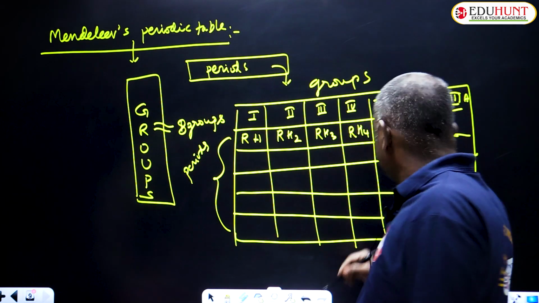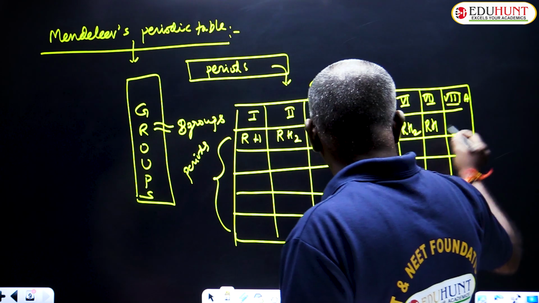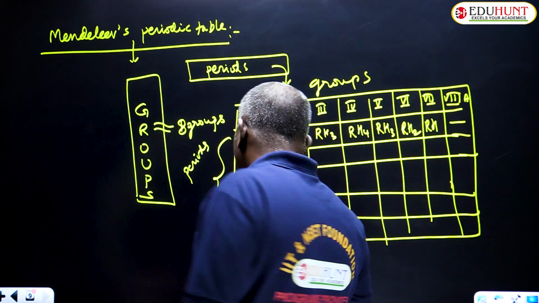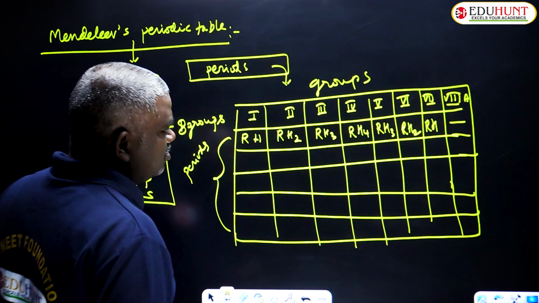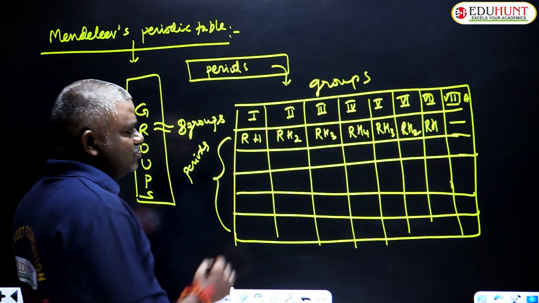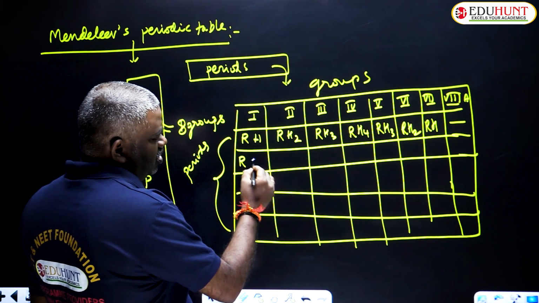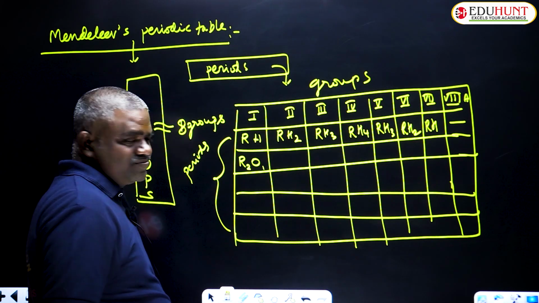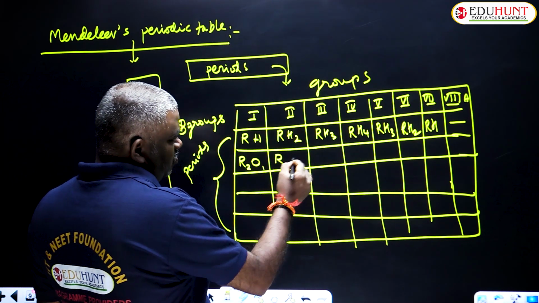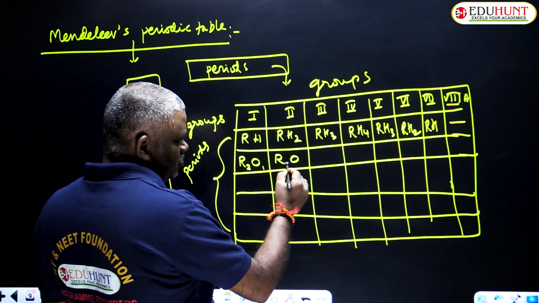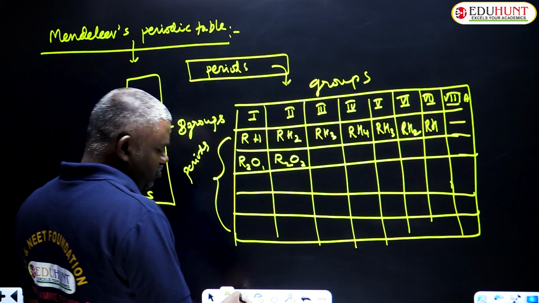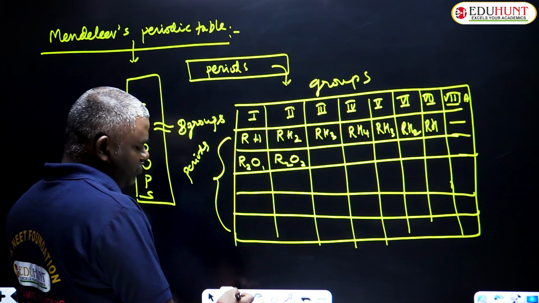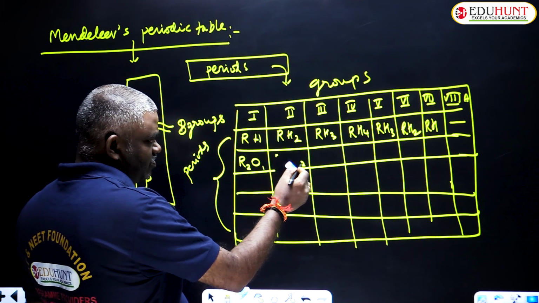But according to oxygen also, if you take oxygen valence as 2, then R2O2 cancels to RO, which is the second group.